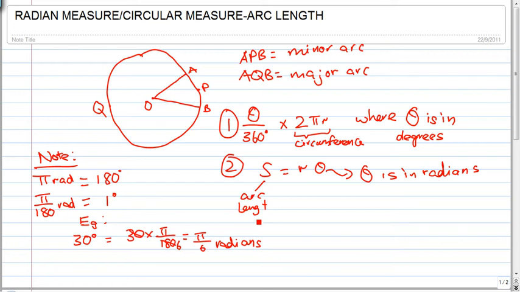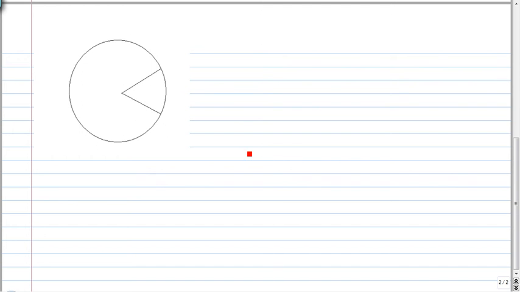Alright, so let's try and solve a question. So we have a circle here. I know this doesn't look very good, but O is the center of the circle, this is A, and this is B. Now this is 30 degrees.